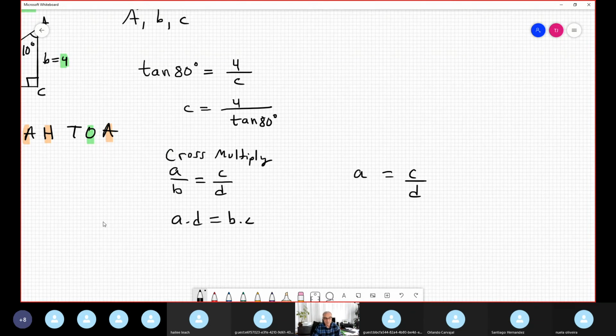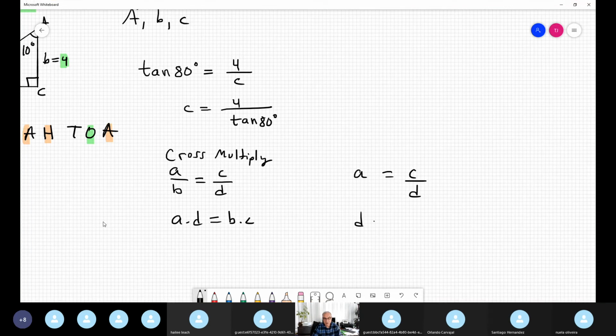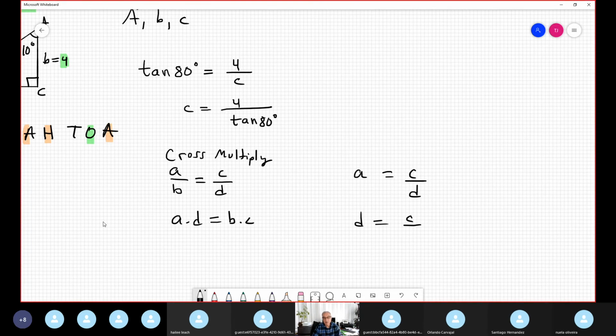Because B is 1. And you can interchange this and this. You copy D is equal to C over A. You interchange this, and you interchange either in cross multiply. Okay, in this case, I move C to the left and tangent 80 degrees to the right, but on the bottom. Makes sense or no?